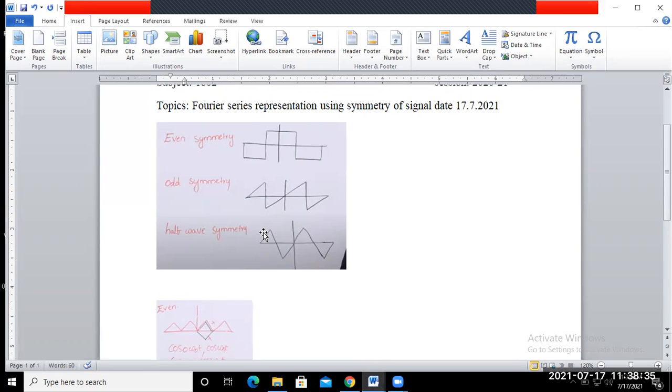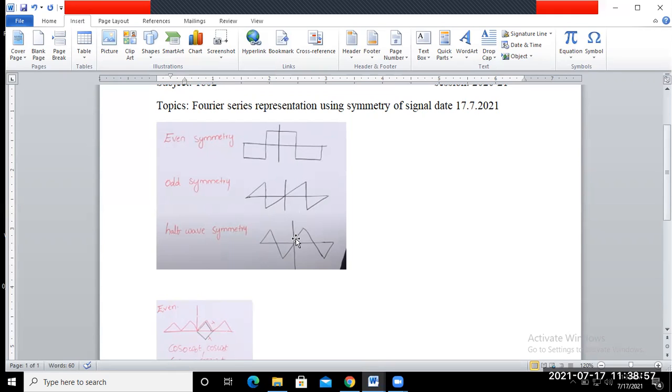Is it not so that all odd symmetry waveforms follow half wave symmetry? Now consider this waveform.